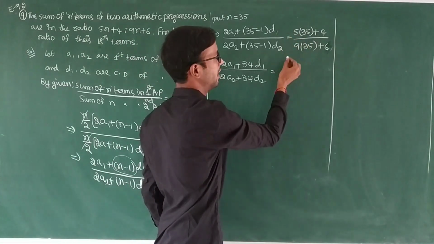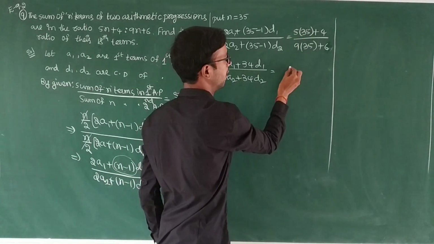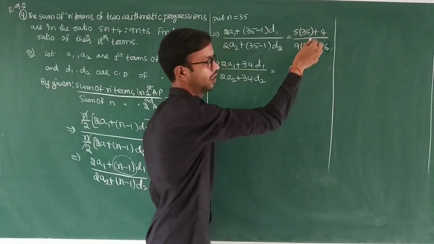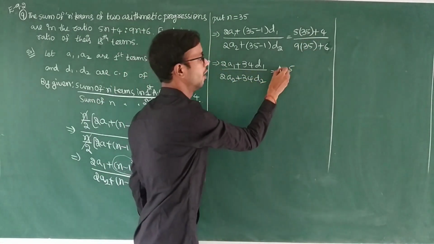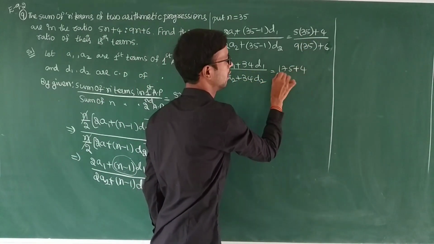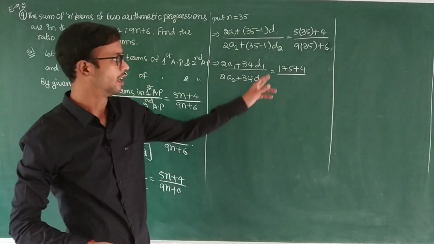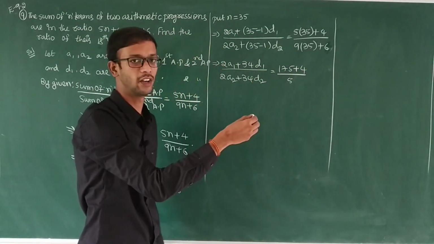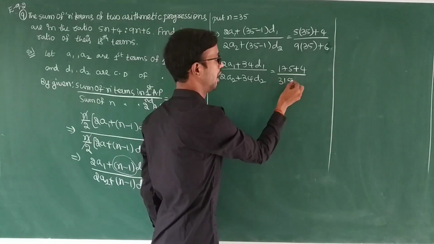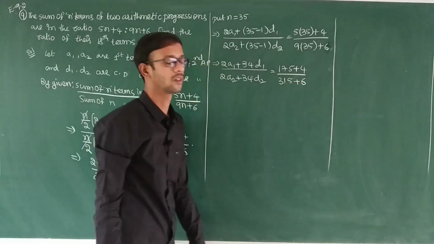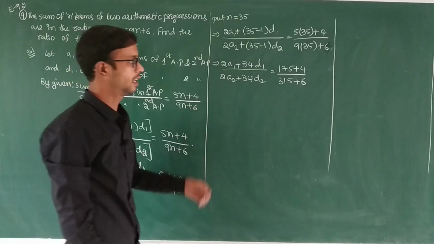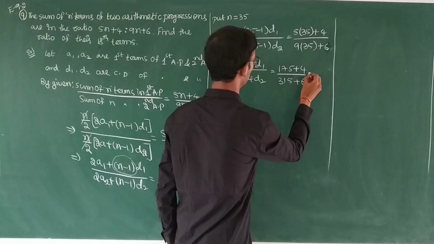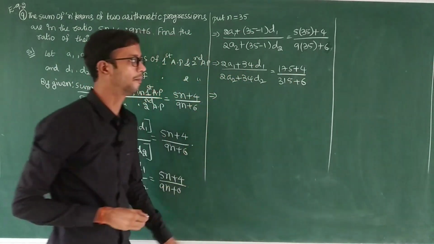Now if we make the simplification here, 5 fives are 25, 5 sevens are 35, total 175 plus 4 divided by 9 fives are 45, 9 threes are 27, total 315 plus 6. So now I will write one more step here.